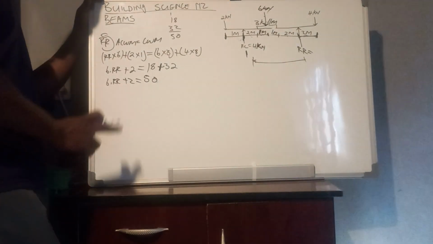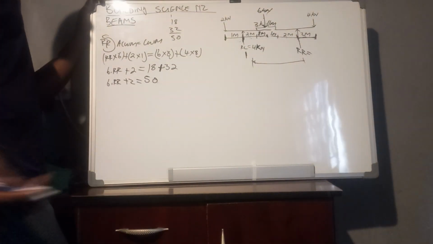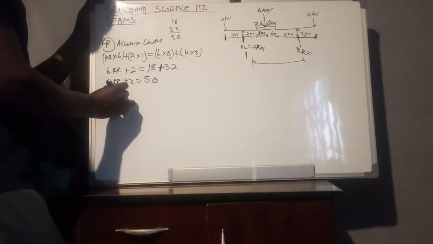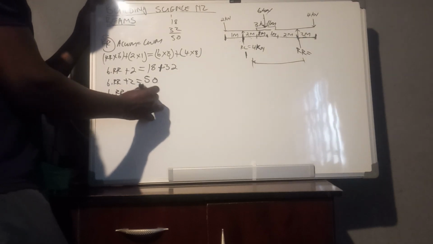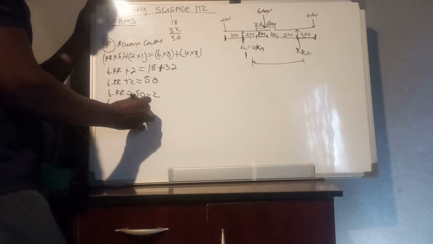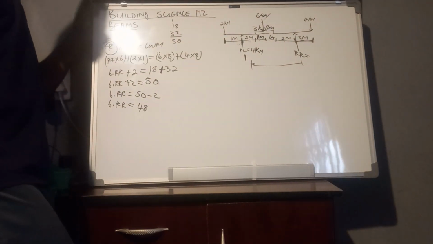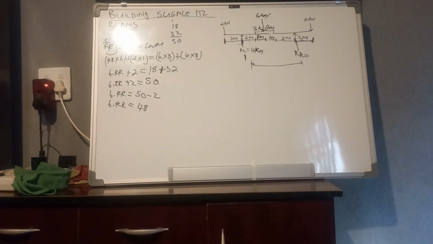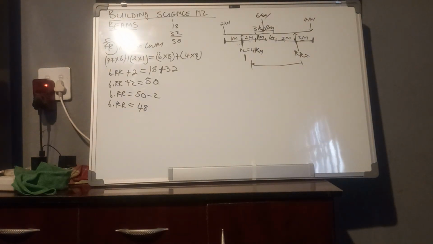Then from here, what do you do? This one has to go that side. It has to change the sign. So we're going to say 6RR is equal to 50 minus 2. 6RR is equal to 48, right? Then we have to make RR the subject of the formula.